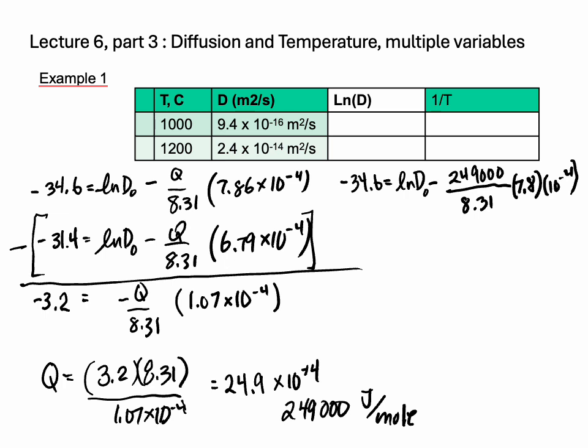So let's see, 249,000 divided by 8.31 times 7.8 times 10 to the negative 4. Let's try that again. 249,000 divided by 8.31 times 7.8.